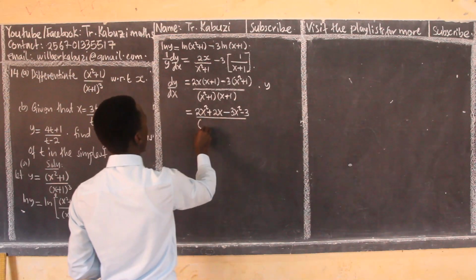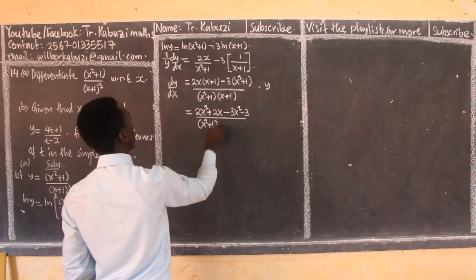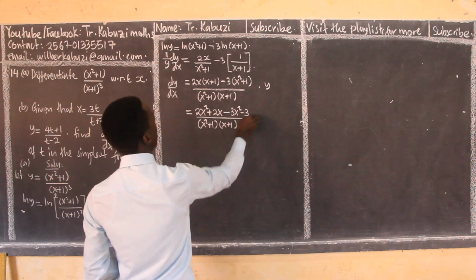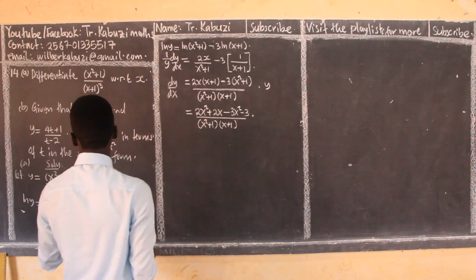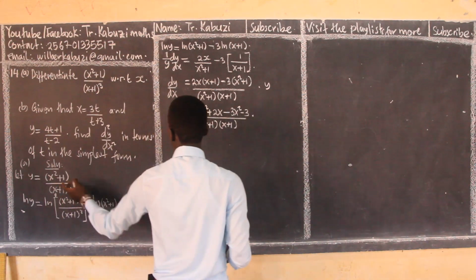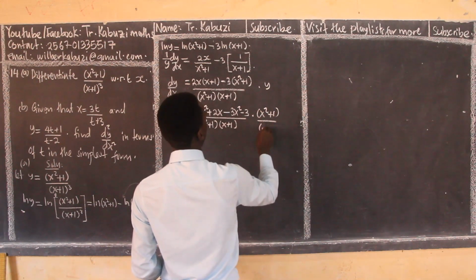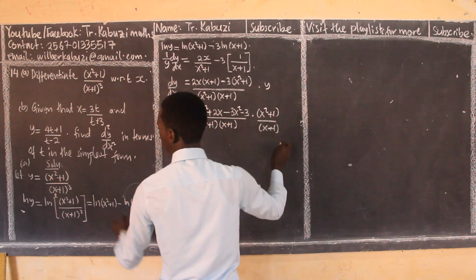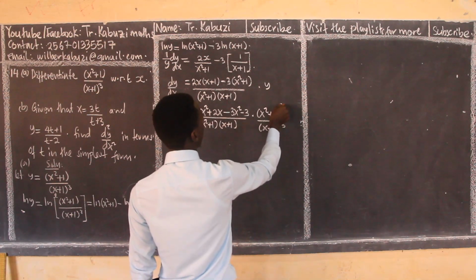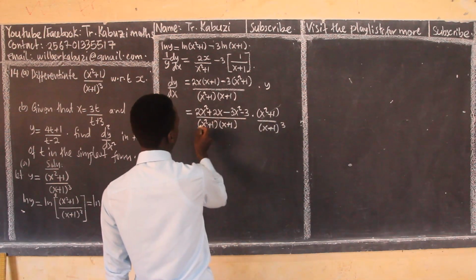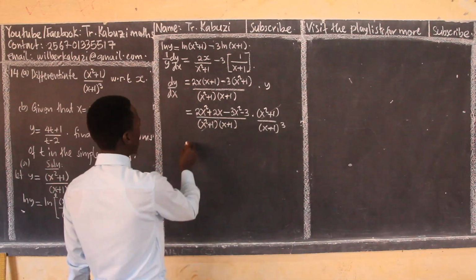The whole over, then times y. Remember, y was relating here, you see. I put it there, x squared, the whole power 3. So that now this goes with this. Then we just simplify the upper thing.